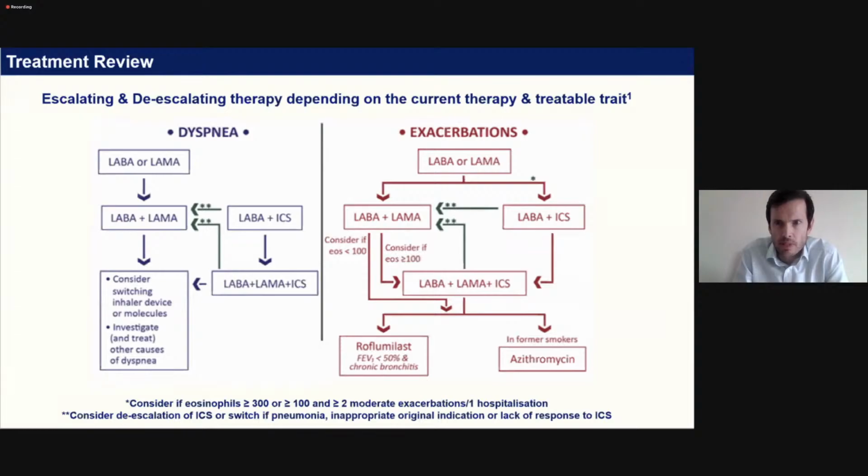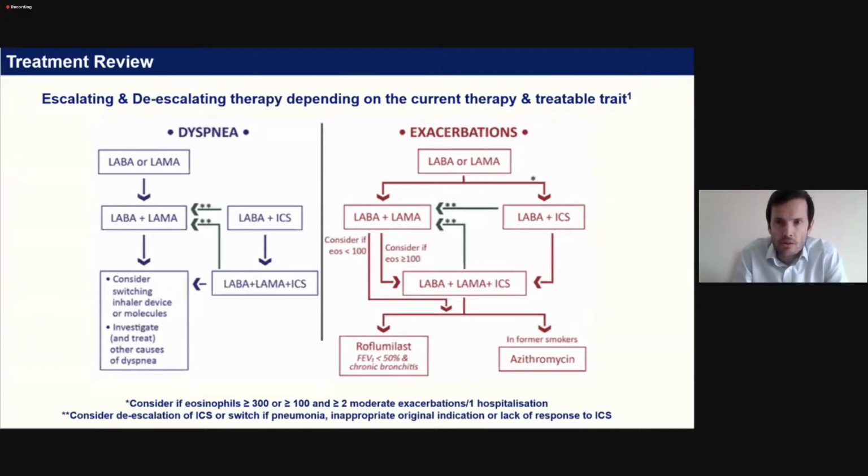And this algorithm, which is taken from the most recent GOLD guidelines, I find is quite useful, and it requires the clinician to basically identify what the predominant treatable trait is. So in other words, is dyspnea the main issue, or is it exacerbations, or is it a combination of both? It also helps the clinician to consider and reevaluate the current therapy that the patient is receiving.